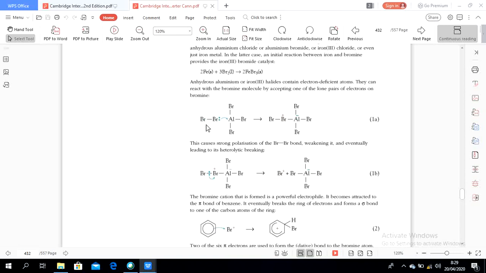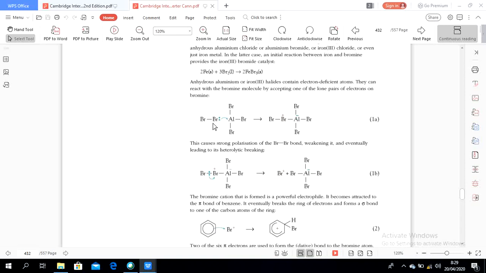So there is a bromine molecule, and in this bromine molecule the two bromines share two electrons in the middle, and one pair from here is taken by this bromine.